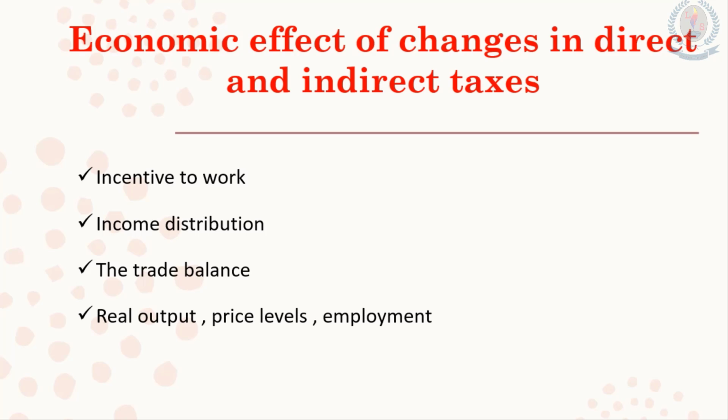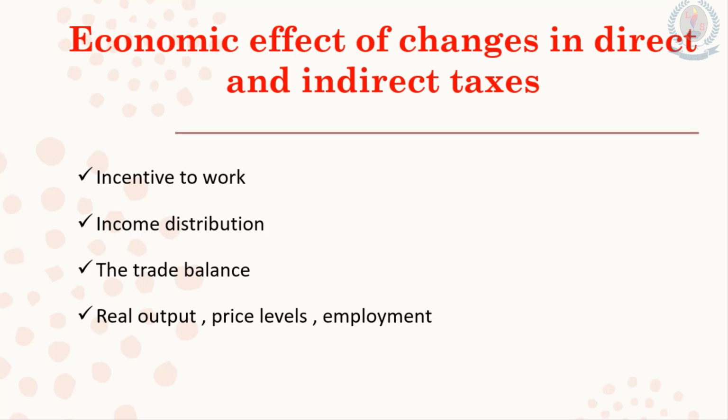Real output, price levels and employment. Taxes such as income tax and employees' national insurance contributions affect aggregate demand. A rise in income tax rates reduces the disposable income of households. Therefore, they will spend less.